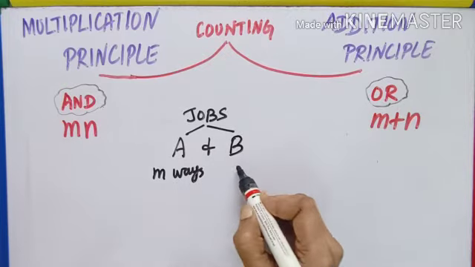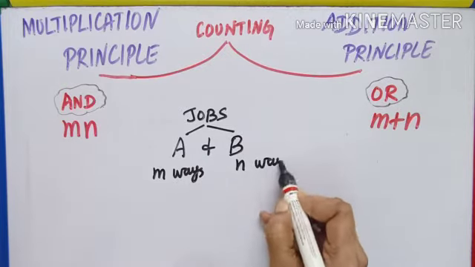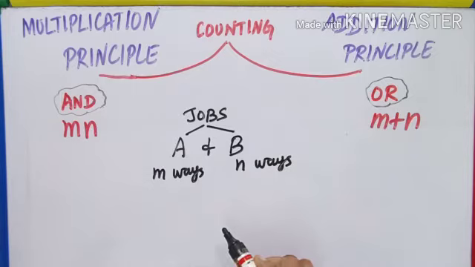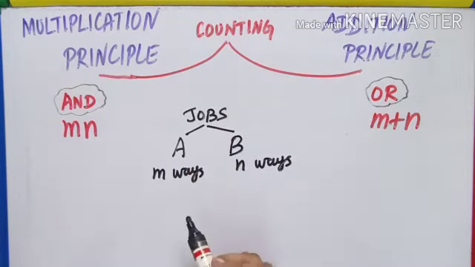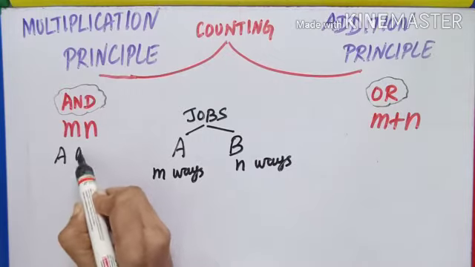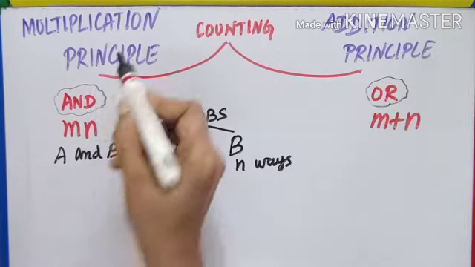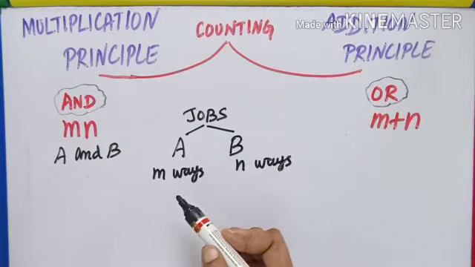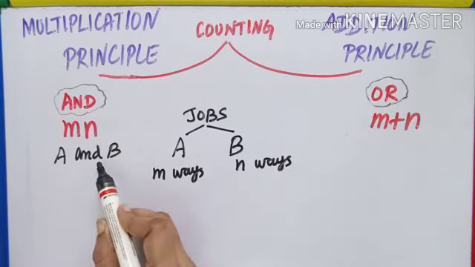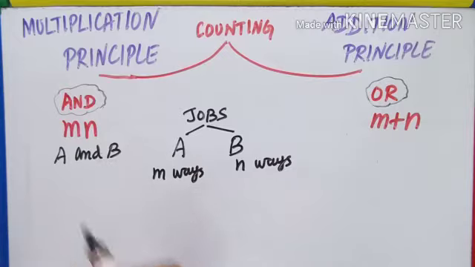This B job can be done in N ways. My question is, do both the jobs. If I tell you A and B, that is the multiplication principle, how many ways can you perform A and B? It tells me M into N.